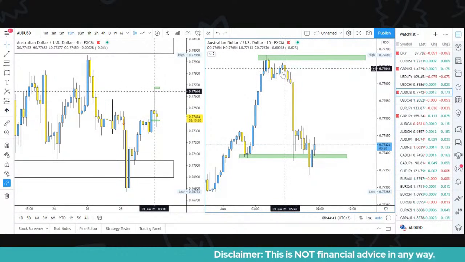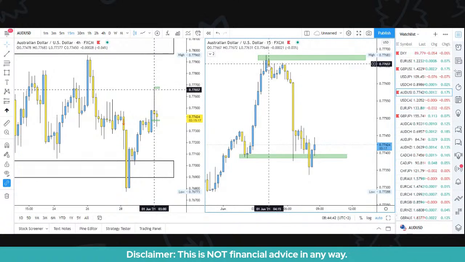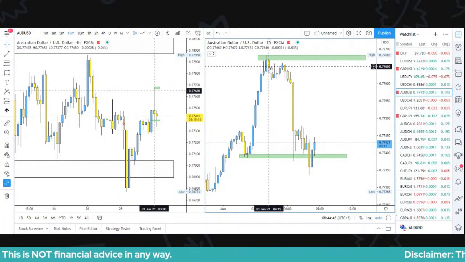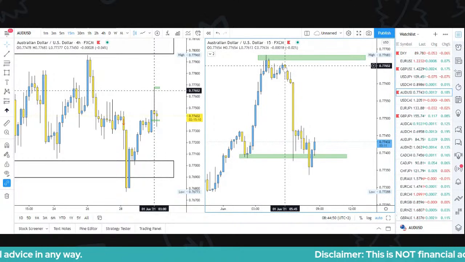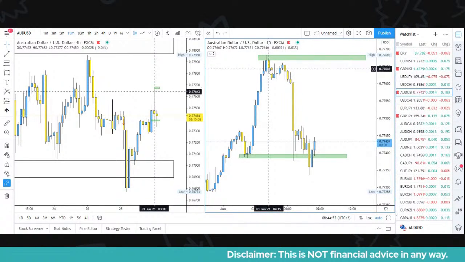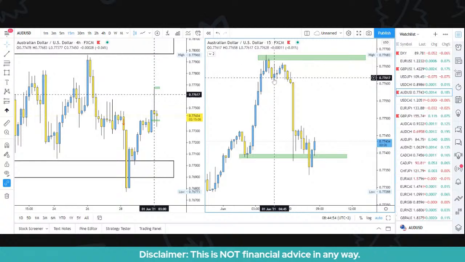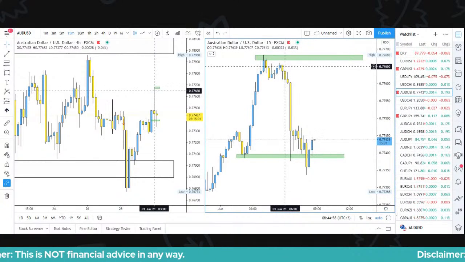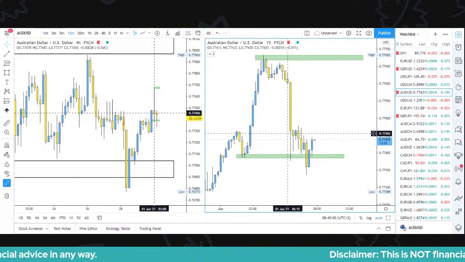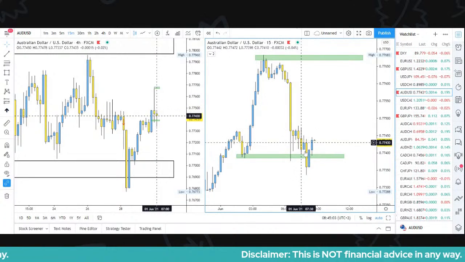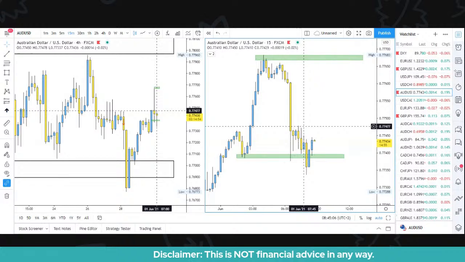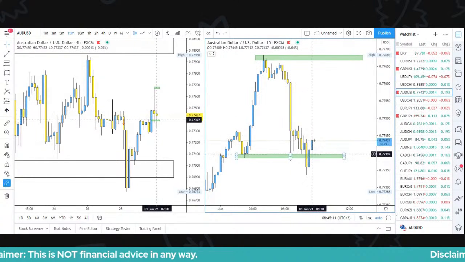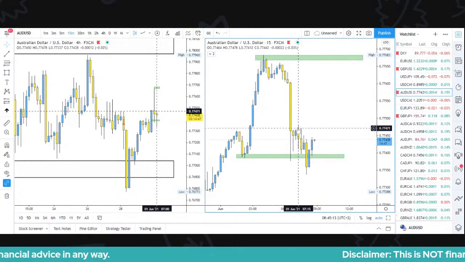This is more corrective in nature, because you can see this bearish push took four bullish candles to actually do what these two candles did. So we had a bullish corrective move and then a bearish impulse move. So this right here is what I would consider a descending corrective move.